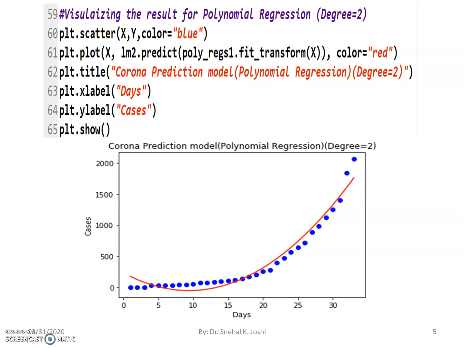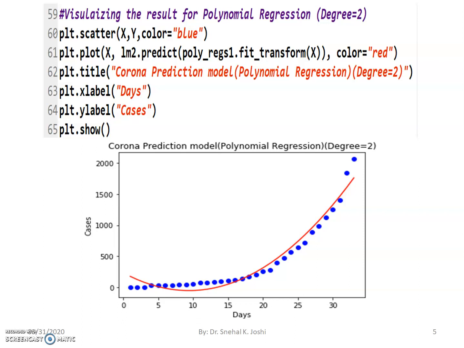Let us visually check how well the model fits by comparing the scatter plot obtained using actual total cases shown in blue, and our predicted model in red. As shown here, we plot the scatter plot using actual values of data set x and y as shown in line number 60, and simultaneously we also plot the polynomial regression line in red using the predictor x and obtain predicted values of total cases using the predict function as shown in line number 61.